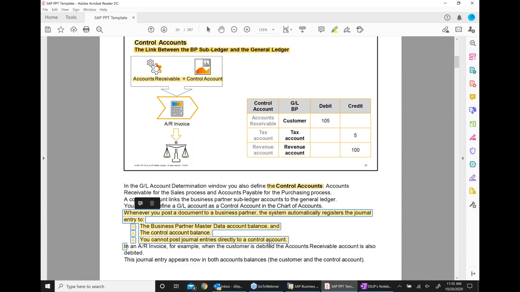So direct manual update of the control account is not possible. Make a note of these 3 bullet points. Take pen and paper. These are important concepts.